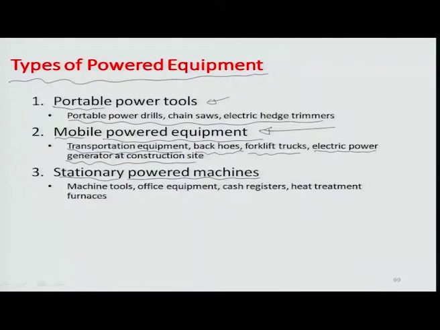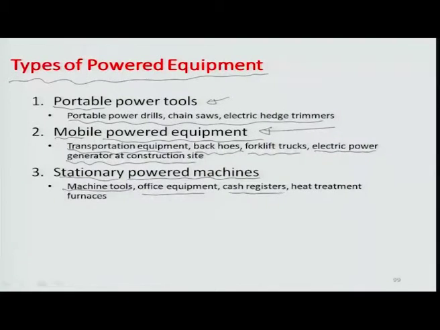Then there are stationary powered machines. For example, there are machine tools, lathe, milling, where there is need and necessity of somehow preventing vibration by creating a firm base and then grouting the machine to a certain area. So it makes the equipment completely stationary at a certain place. You have office equipment, cash registers, heat treatment furnaces, where if you station it at a place, generally it's not advisable to move it out of that place.